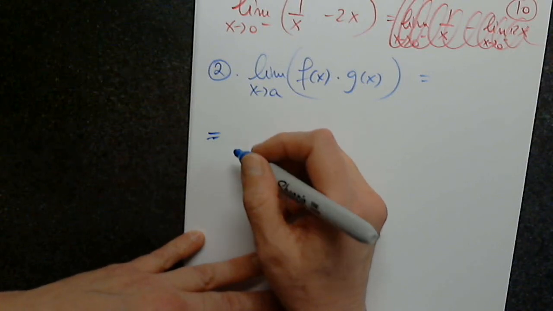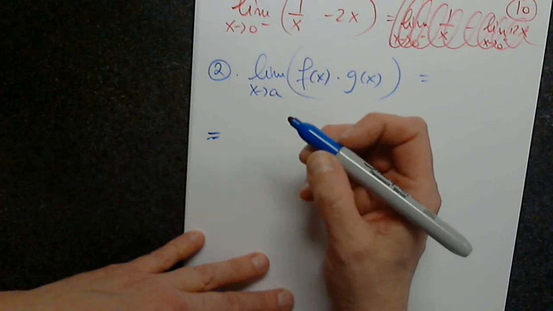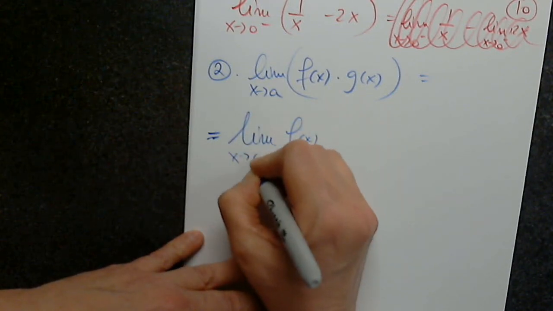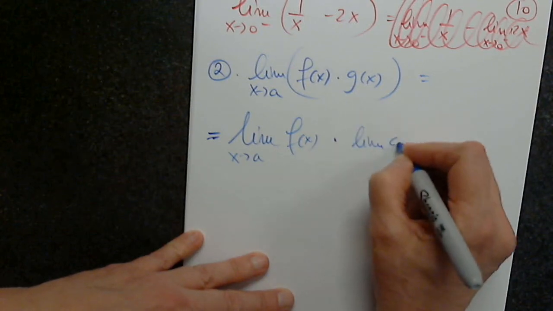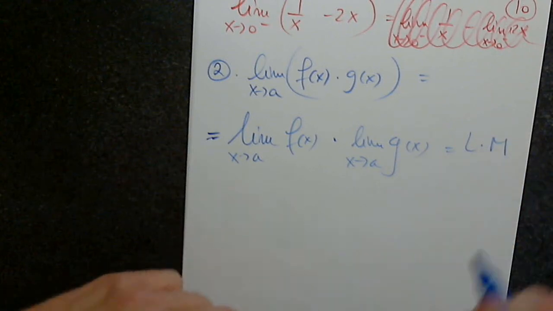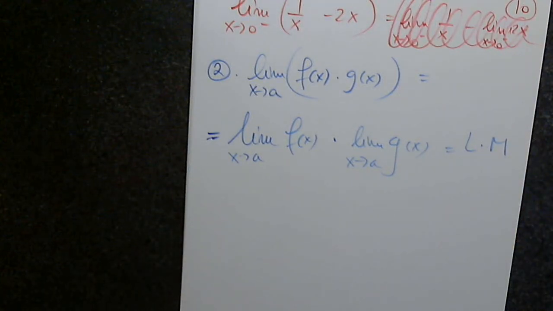Limit of f of x as x approaches a multiplied by limit of g of x as x approaches a. Of course, this will equal L times M in our example with L and M. Very good. Common sense so far, correct?